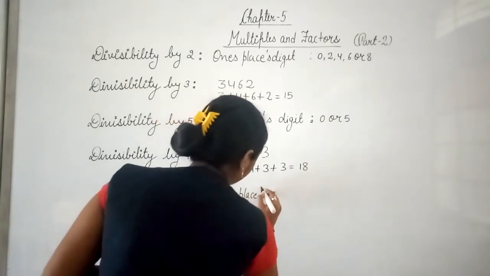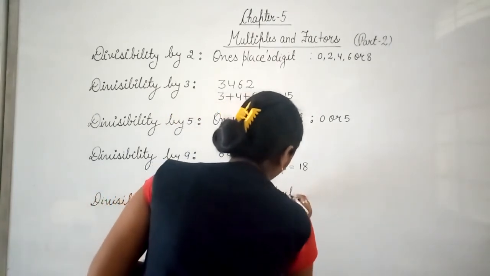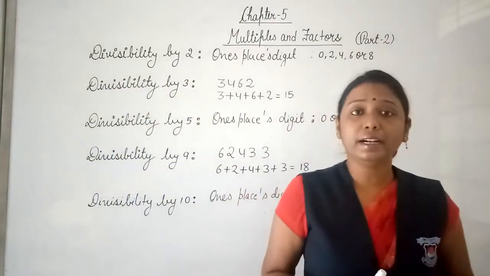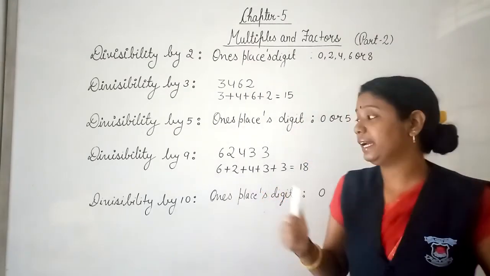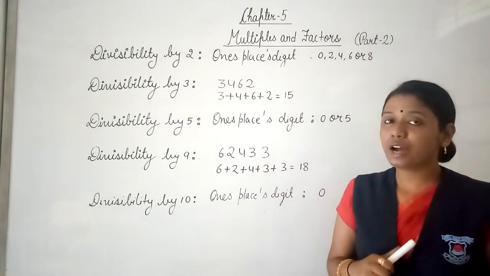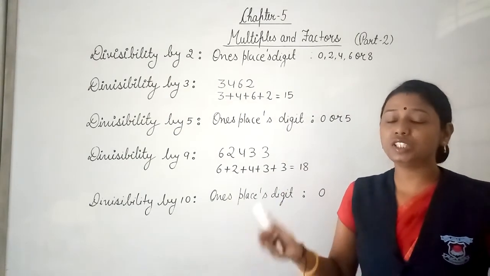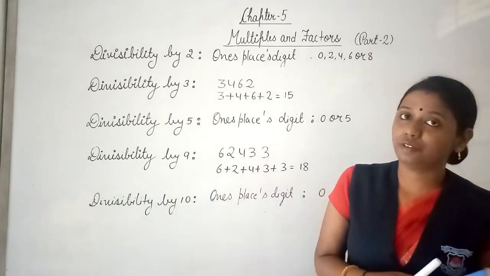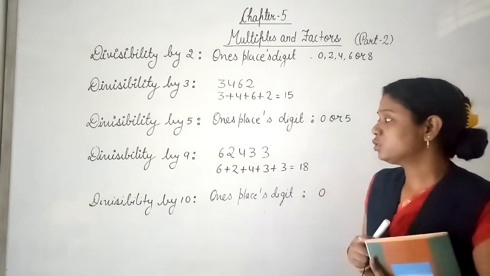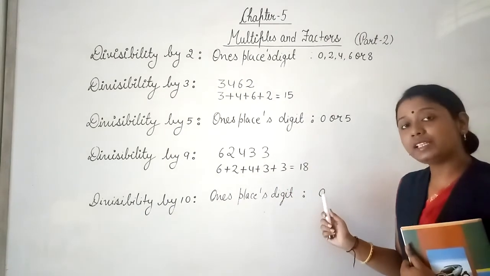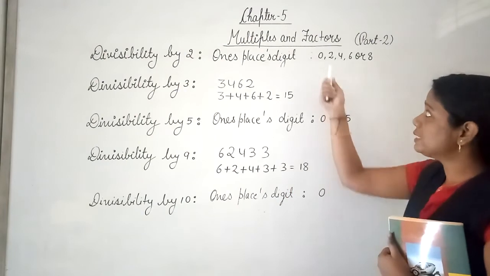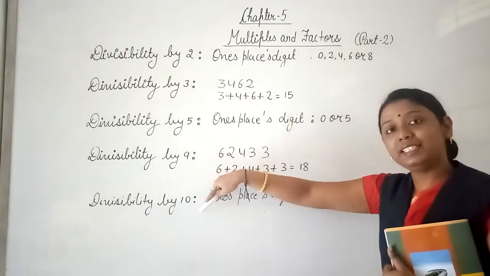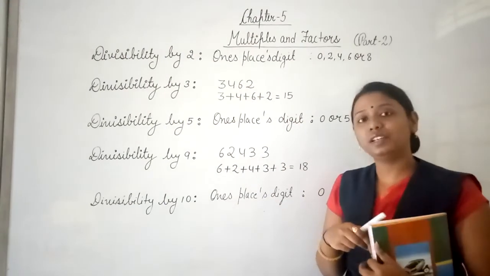If a number has 0 at ones place, then that number will be divisible by 10. So we don't have to check anything else, just check the ones place digit. If there is 0 written, it means that number will be divisible by 10. So you can see if a number has 0 at ones place, then that number will be divisible by 2, 5 and 10, all these three numbers.